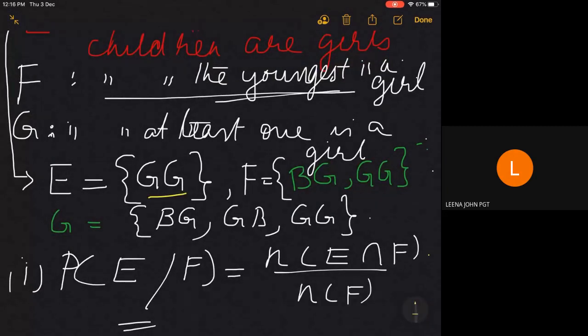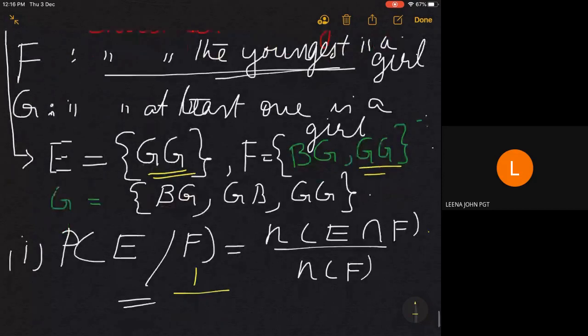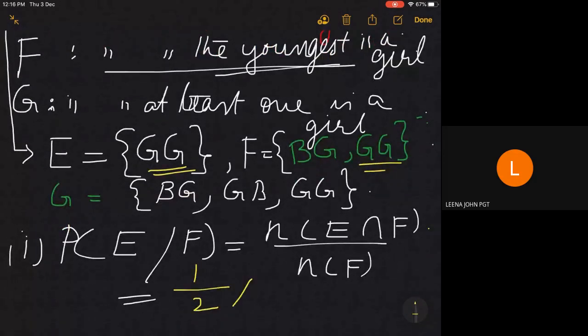Only one. So it is 1 divided by N of F, the number of elements of F. You can count the elements of F, there are 2, so the answer is 1 by 2.